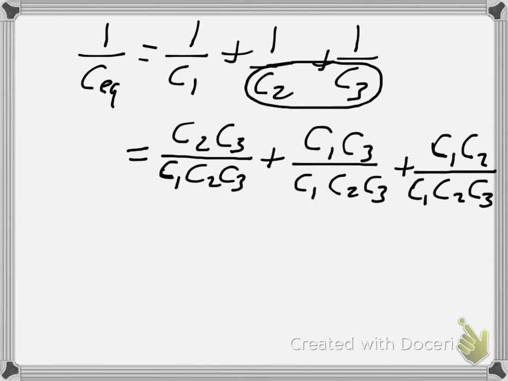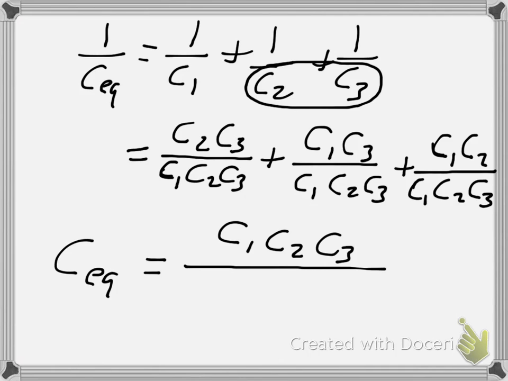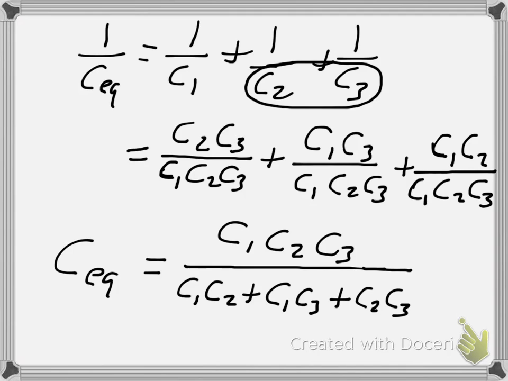Right? So now we have our common denominators, and our equivalent capacitance in that case will just be the product of all three divided by the sum of each individual combination of any two: C1 C2 plus C1 C3 plus C2 C3.